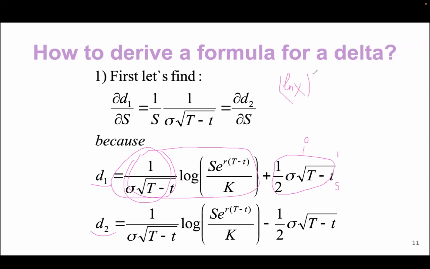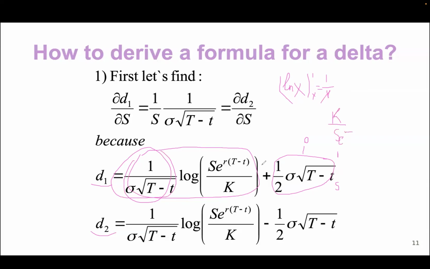It is 1 divided by x. So in our case, the derivative of this log is 1 divided by this ratio. It will be K divided by S e to the power of this.